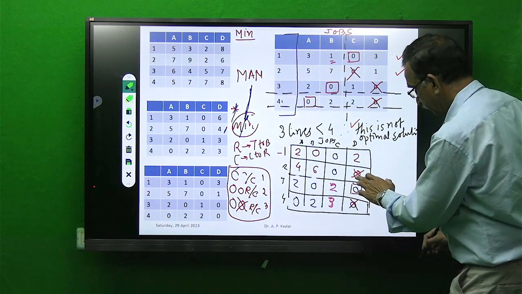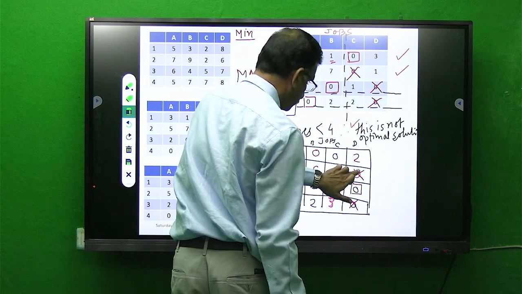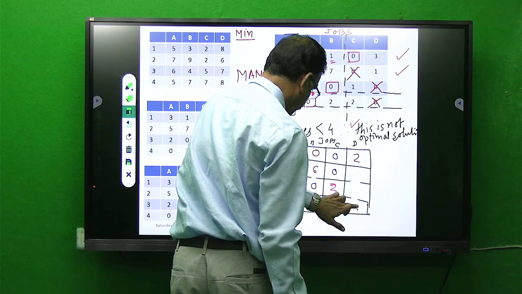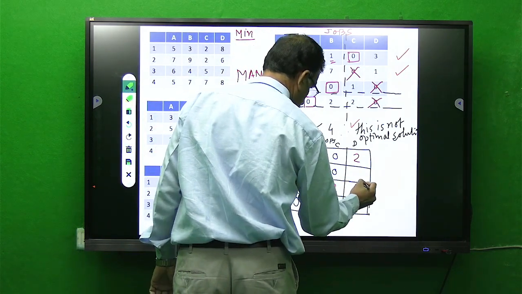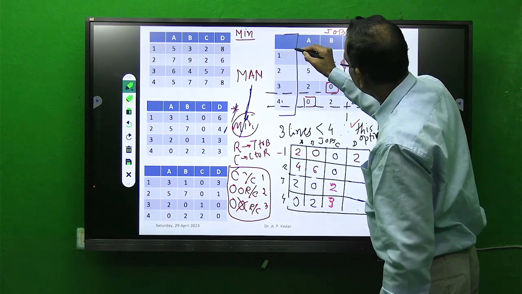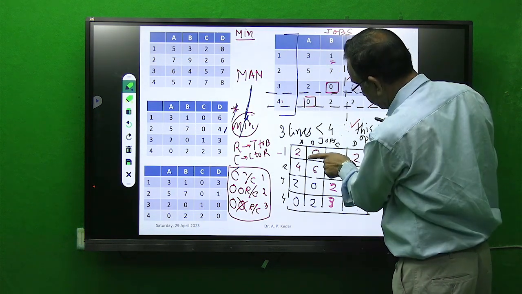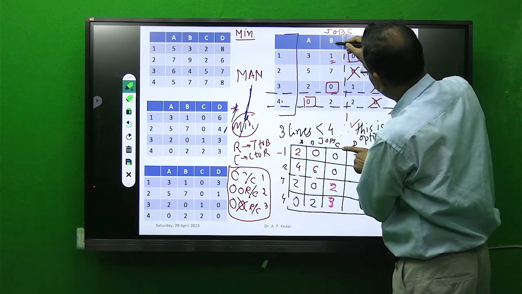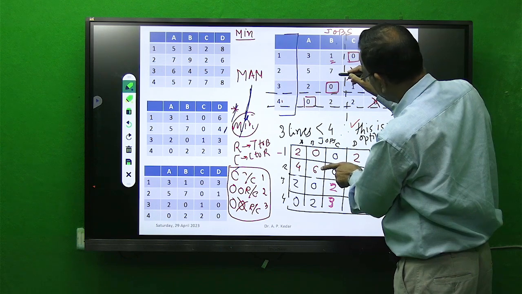So let us go back. This has created a mistake. A3, A2, 4, 2, 0. B column is 1 minus 1 is 0, 7 minus 1 is 6.